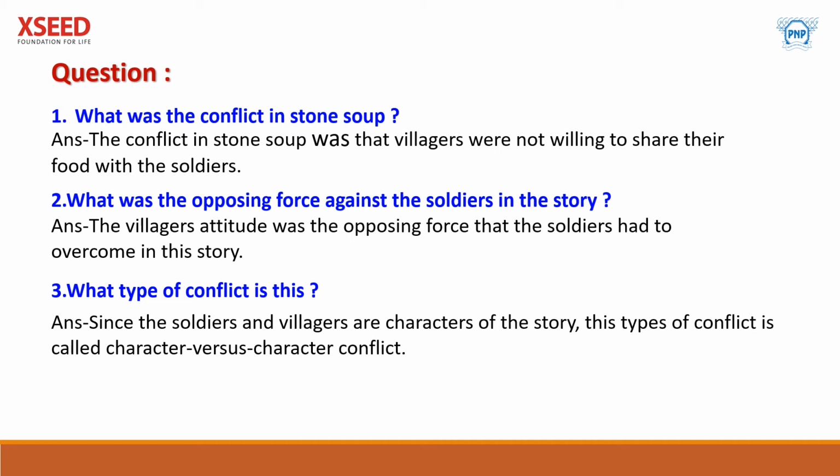Here people are against people, not against any situation but against other people. Such types of conflict are called character versus character conflict. Understood? I hope you have understood. Very nice. Okay, now let's check another type of conflict.